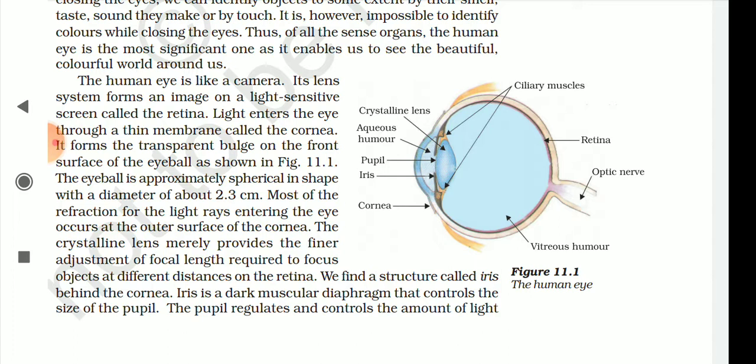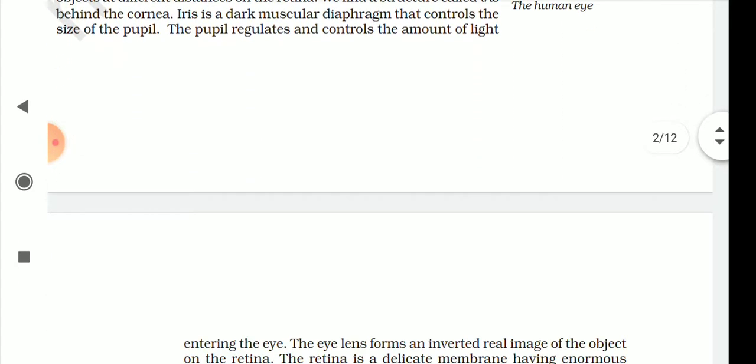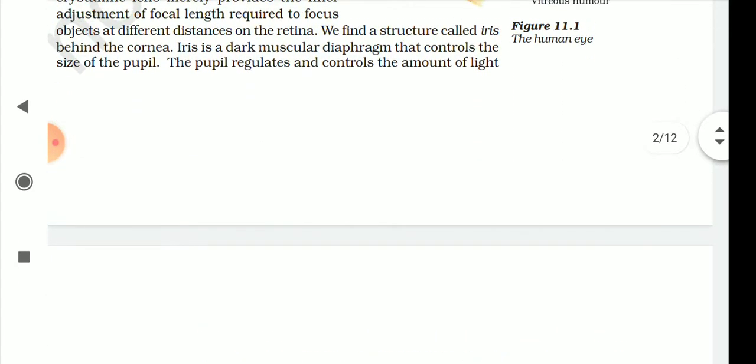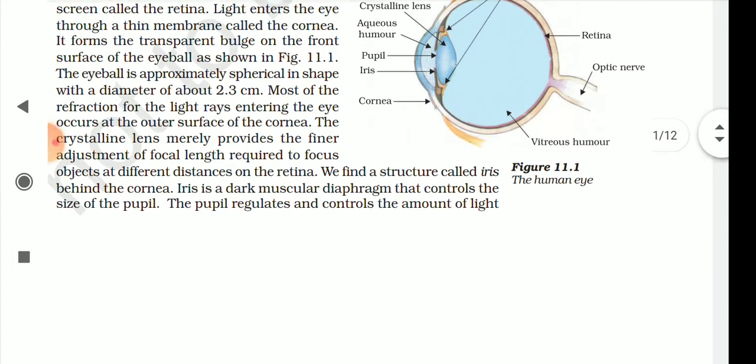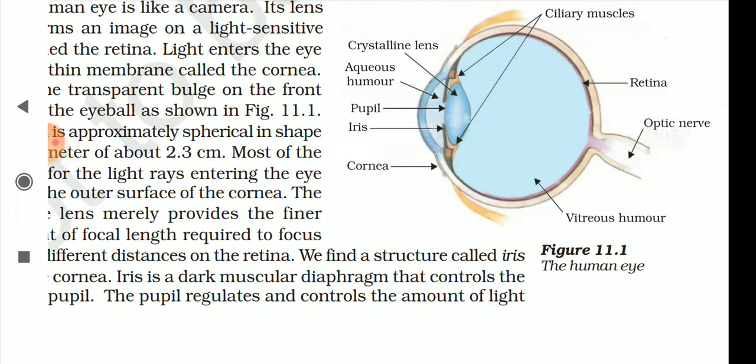So what is the general function of the pupil? The pupil regulates and controls the amount of light entering our eye. See over here, we have a pupil. The pupil is the black dot in between the white part found in our eyes.